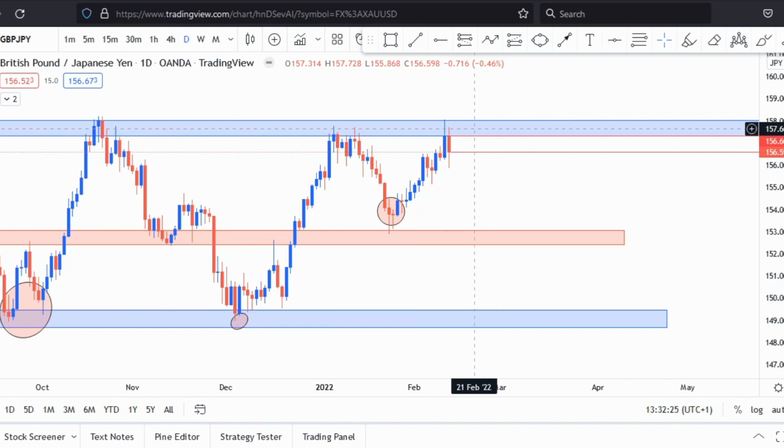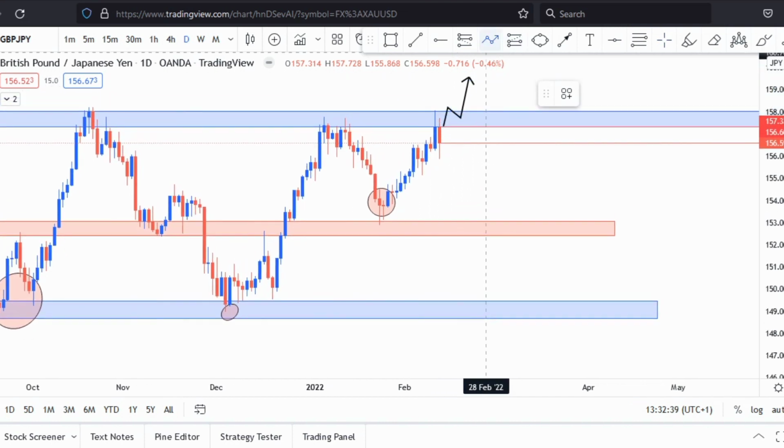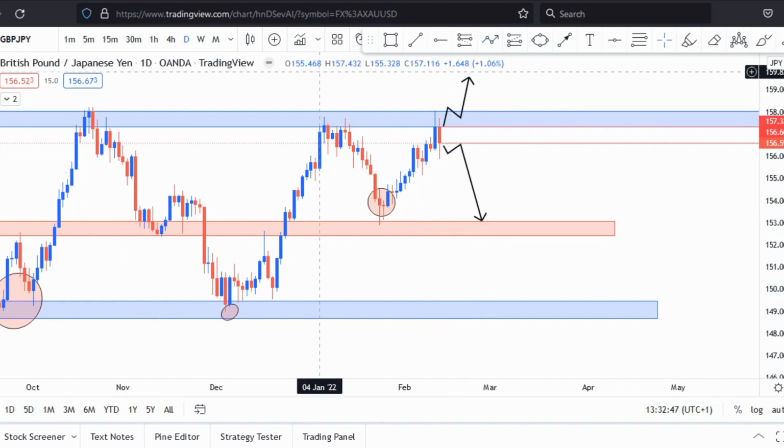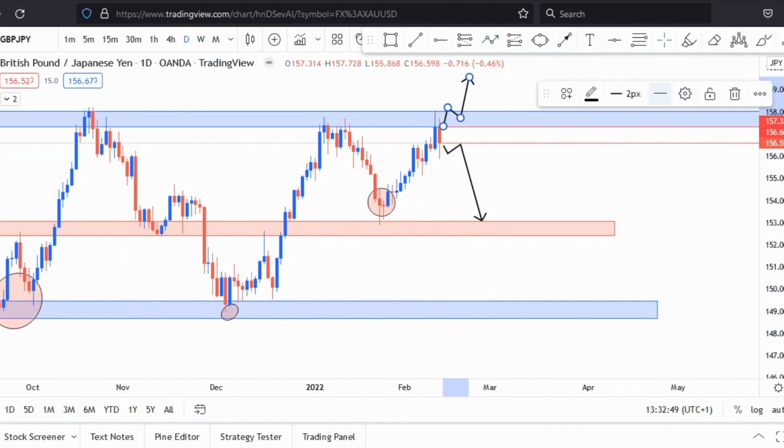For us to trade this, any break above this level here would mean a continuation to the upside, most likely. A break above and closure of a daily candle above this level will mean a continuation to the upside, most likely. And then a break below this level and closure will most likely mean a continuation to the downside as well. So that's what we'll be looking at on the daily time frame for GBPJPY.